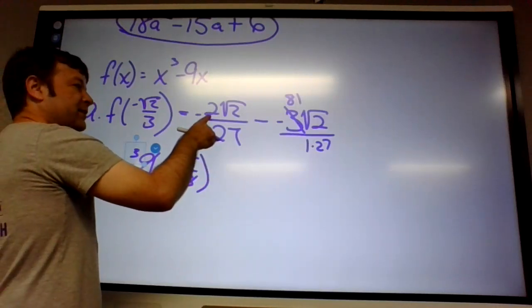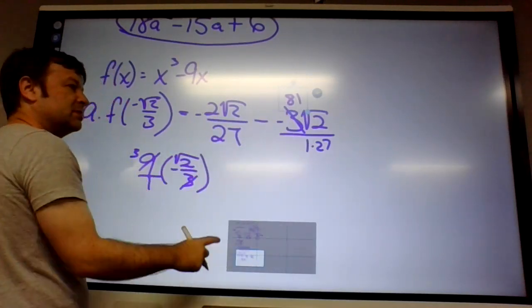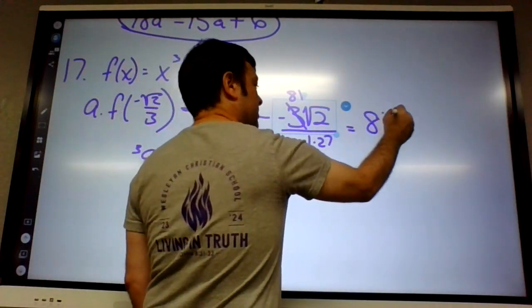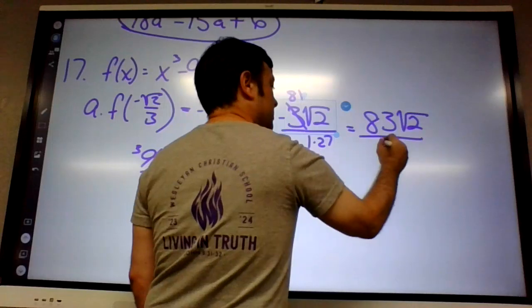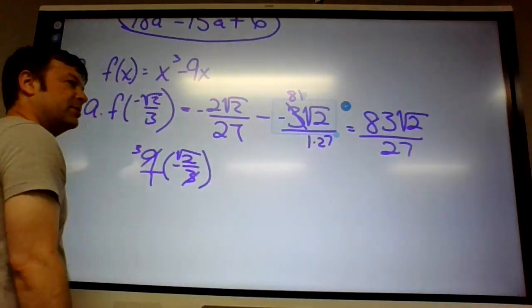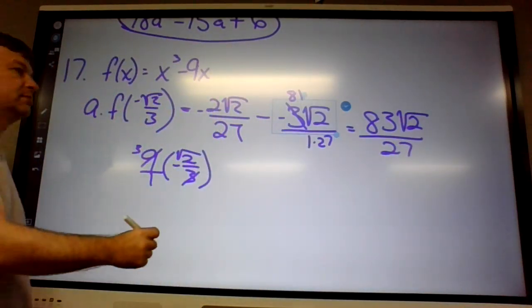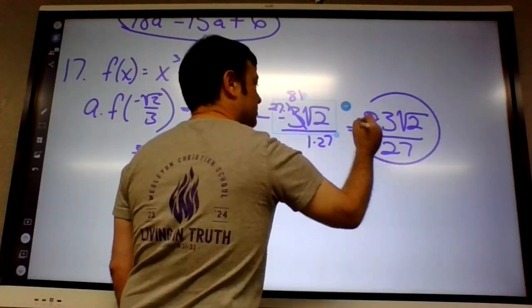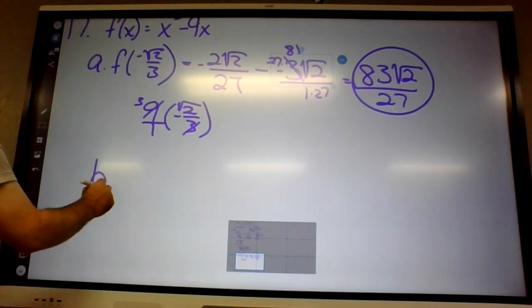So it's negative 2 plus 81. Minus negative makes that a plus. So it's 83 square root of 2 over common denominator 27. That was a bit beastly.